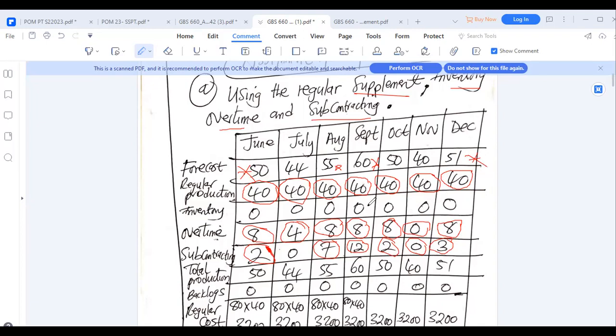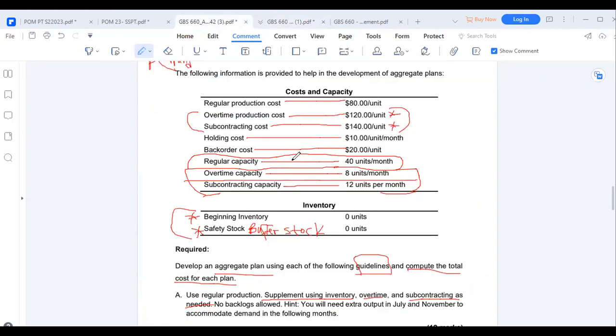Now, the regular production cost. The production on the regular basis, the regular cost, is $80 per unit. Then we have the other one, which is overtime, at $120 per unit.